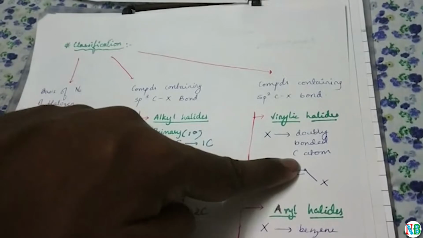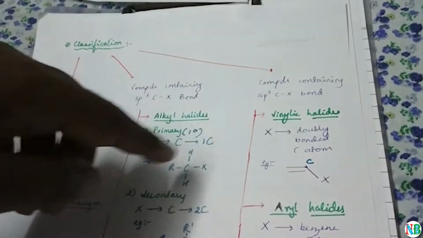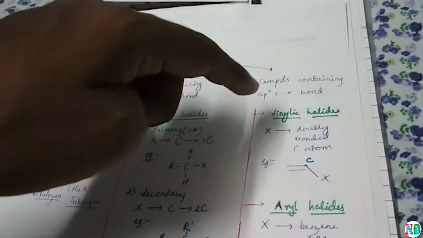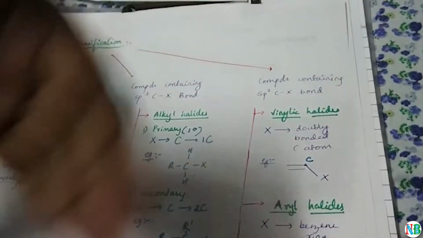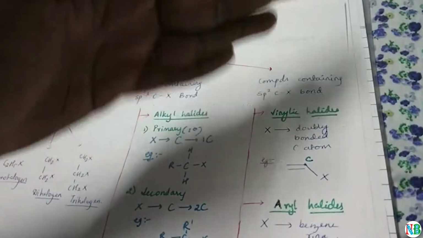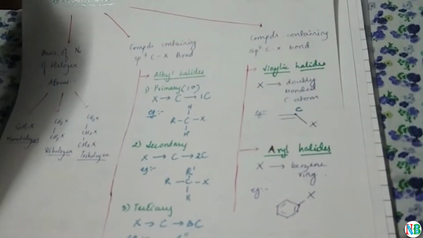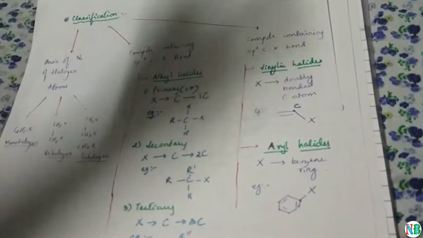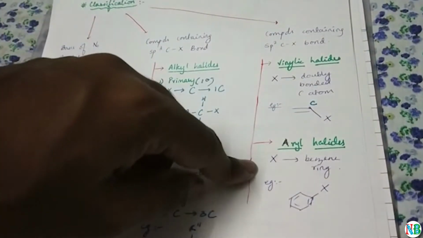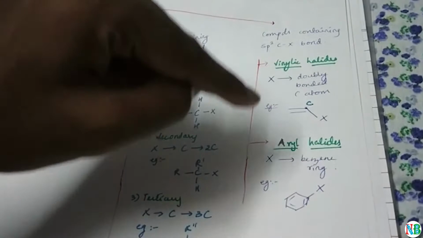Vinylic halides are similar to allylic halides, only there is no intermediate carbon atom. In aryl halides, again it's the same as benzylic halides, only there is no intermediate carbon atom. So the halogen is directly attached to a benzene ring.